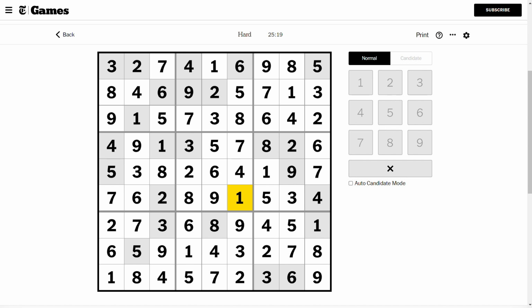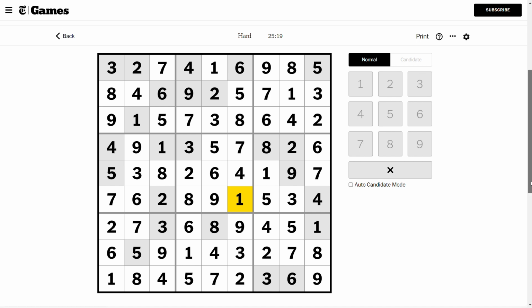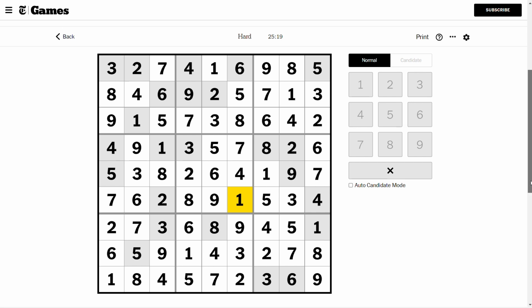But even if you found this difficult, hopefully this video helped. And if you do have any other questions, please feel free to leave them in the comments down below. I'll try my best to reply to you. I'm not sure if it's just me or whether this puzzle is actually a bit trickier than usual hard Sudokus. But anyway, just keep an eye out.